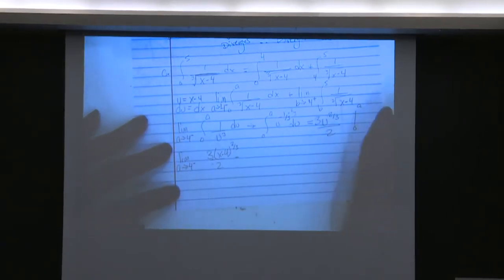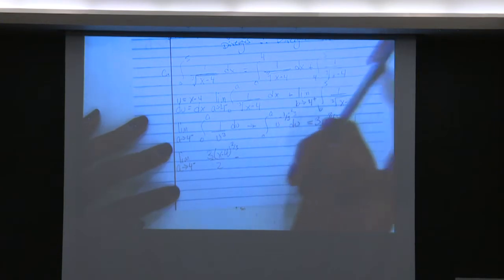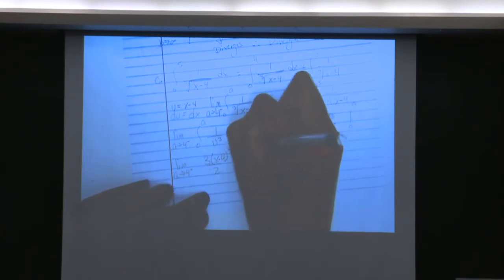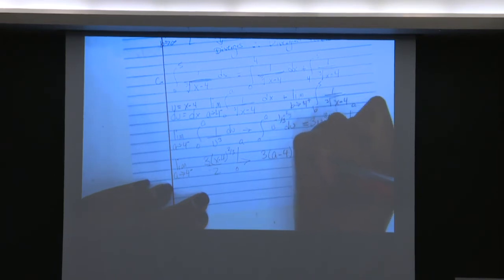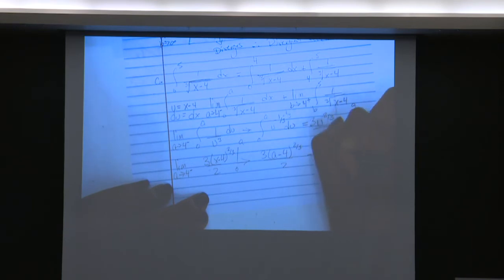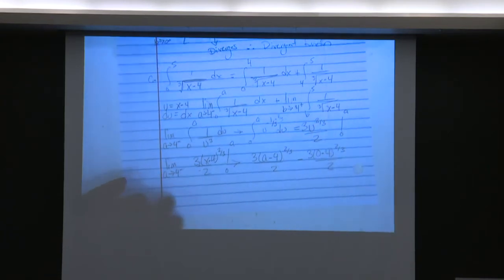So 3 times A minus 4 to the 2/3 over 2, from 0 to A. Any questions so far?